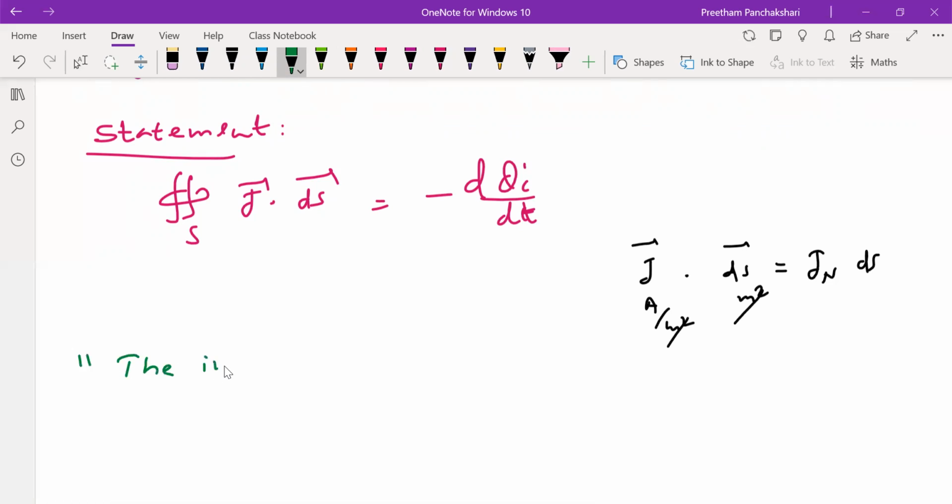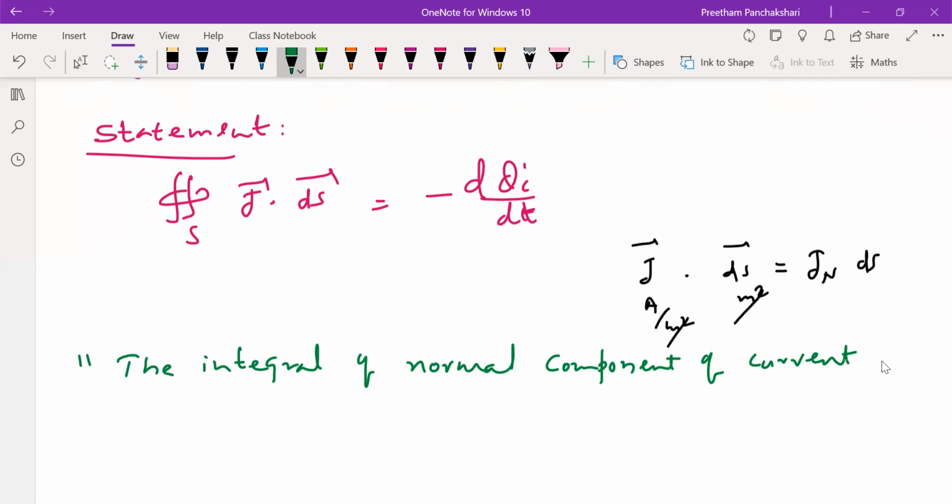The integral of normal component of current over a closed surface S. Let us call it S, is equal to what?